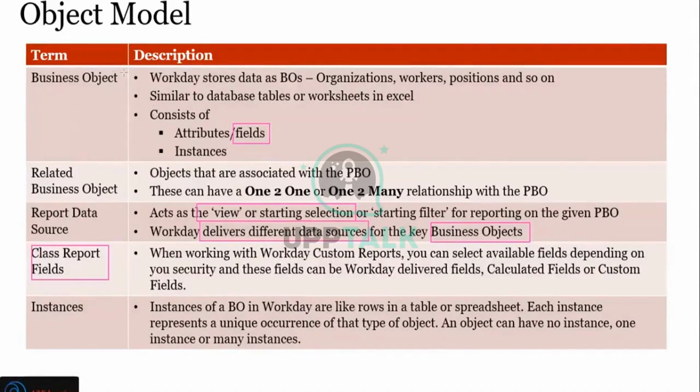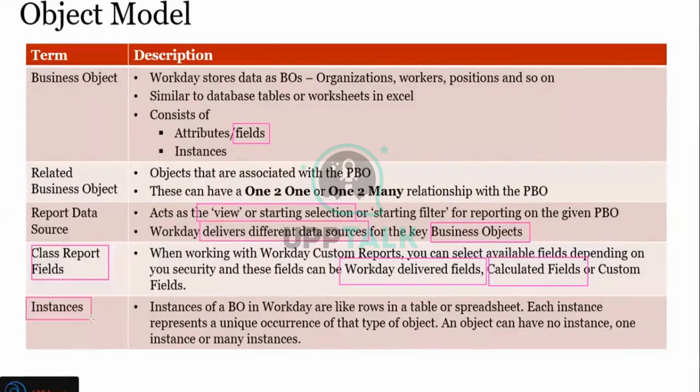These fields are Workday delivered. But then, if we want, we can create our own calculated fields, and we'll see when we create our reports how these calculated fields are created.